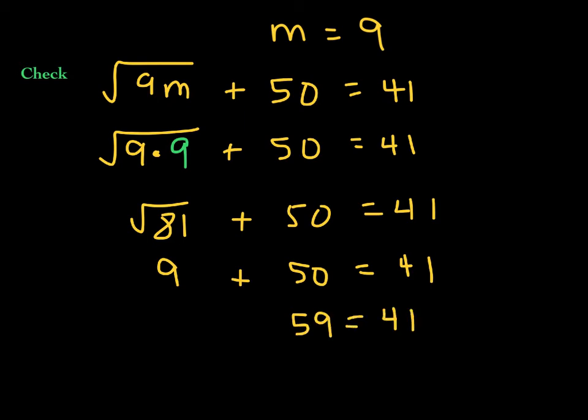No. That's not true. This is a contradiction, right? This doesn't work. So then my proposed solution, m equal to 9, is extraneous. The one and only proposed solution that the algebra gave me doesn't work. It's extraneous. So that means my final answer is no solution.